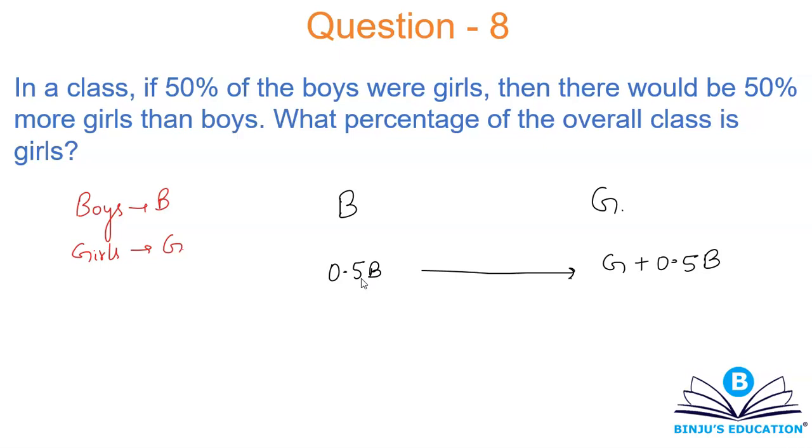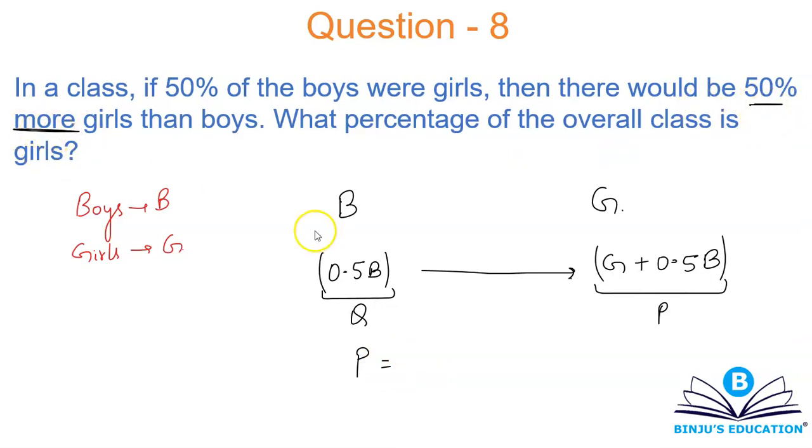So initially it was B and G, but if 50% of boys were girls, that is if 0.5 B was also included in G, that is the total number of girls is G plus 0.5 B, then there would be 50% more girls than boys. So what it is saying, let's say that this entire expression is equal to some value P, and this entire expression is equal to some value Q. It is saying that P will be equal to 50% more.